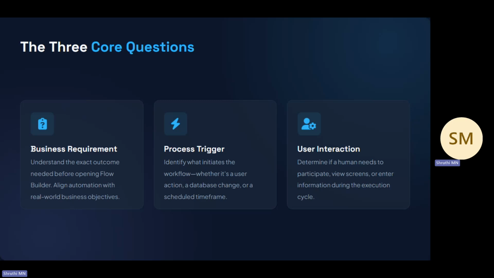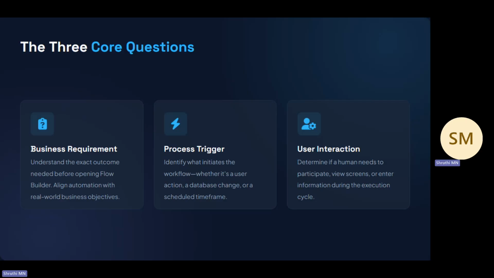If a record changes and Salesforce needs to automatically perform an action, we think record triggered. If the process needs to happen every Sunday, we think schedule triggered flow. So do not start with the flow type, start with the requirement. That is a very important mindset shift.